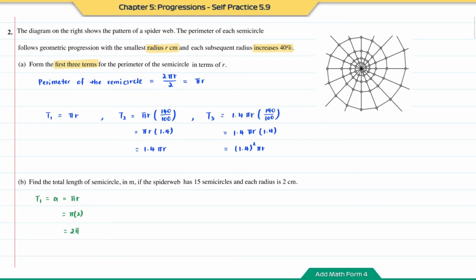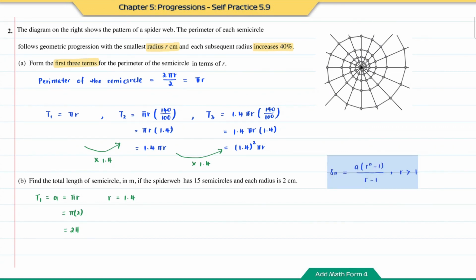And from question A, we know that you are multiplying 1.4 to the previous term. Therefore, this 1.4 will be the common ratio. So to find the total length of the spider web that has 15 semicircles, we're going to find S15.